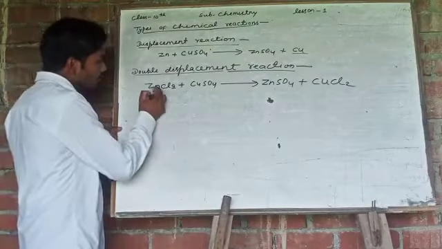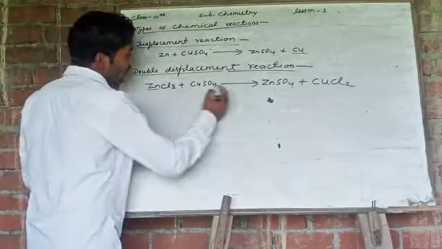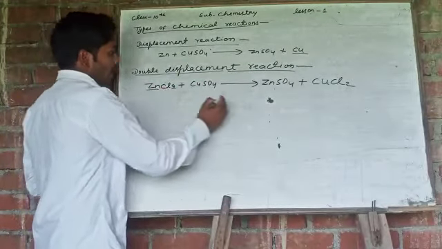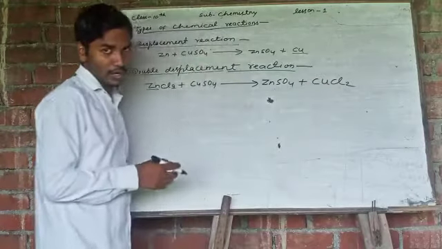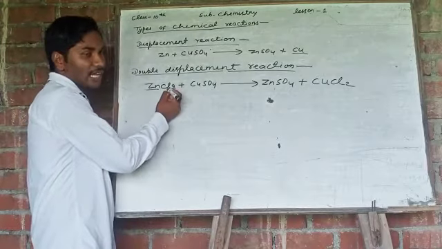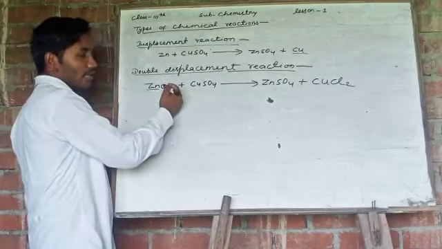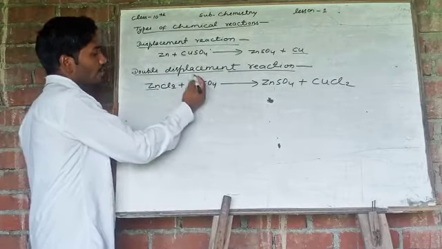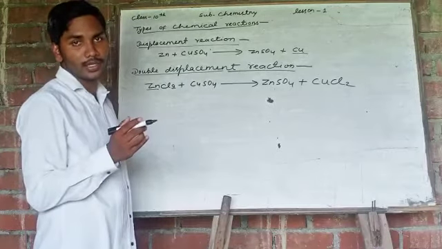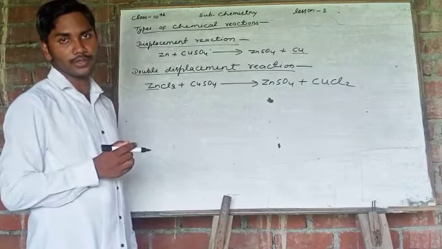You can see here zinc is taking the place of copper and it is forming zinc sulfate, and copper is taking the place of zinc and it is forming copper chloride. So here you can see chloride ion has been exchanged with sulfate ion. Sulfate ion comes with zinc and chloride ion comes with copper. So in double displacement reaction the exchange of ions takes place.